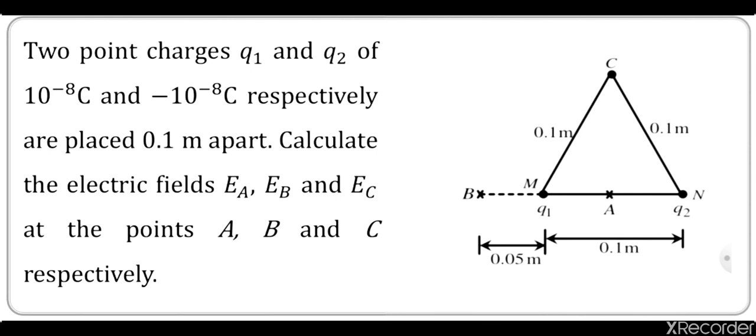And B is next to charge 1, also along the axial line. And the point C is at the top of the triangle. Each side is 0.1 meter, so this is an equilateral triangle. Now we have to find these three electric fields.